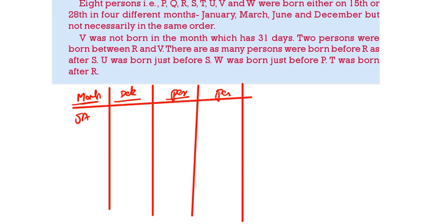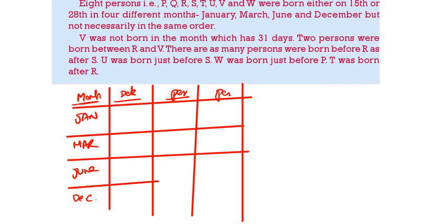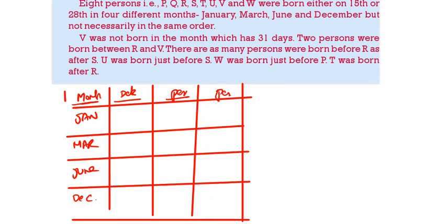January, March, June, December. Dates 15 and 28, again 15, again 28.